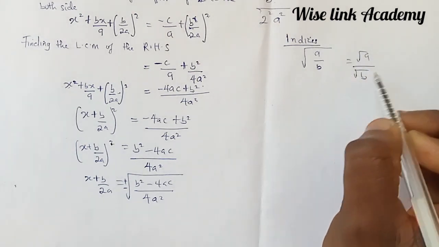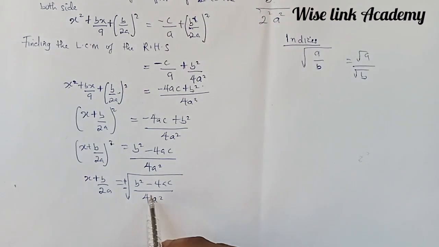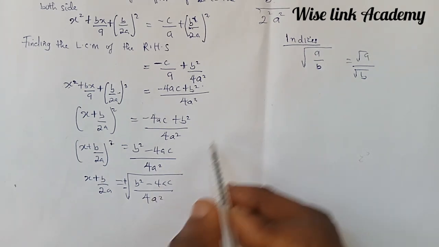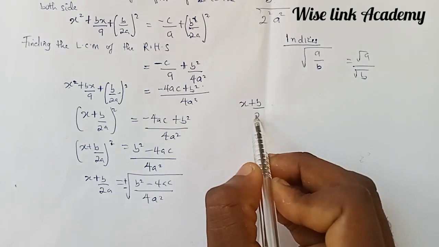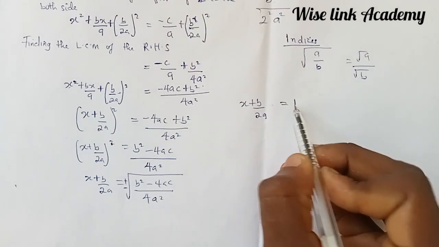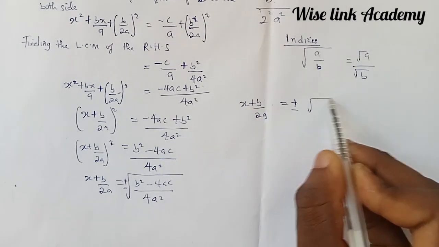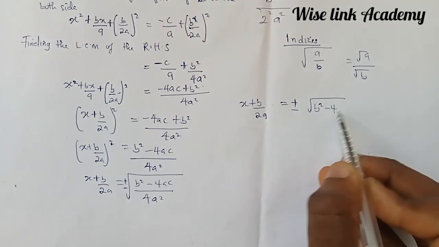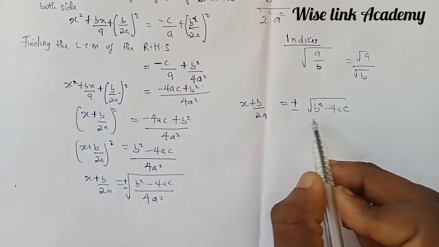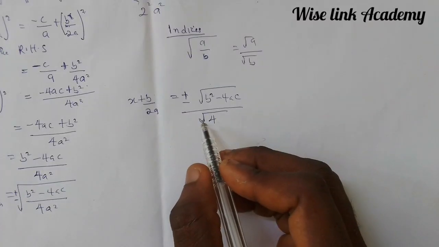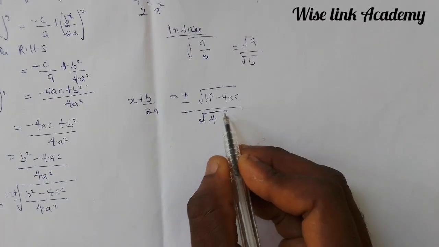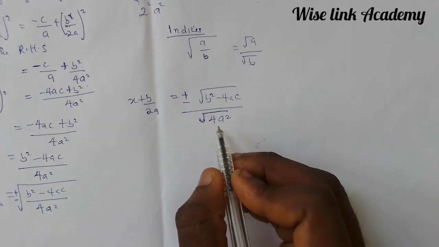So I want to apply this law here. Then I'll have x plus b over 2a equals plus or minus root b squared minus 4ac over root 4a squared.